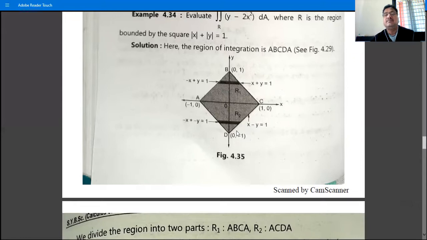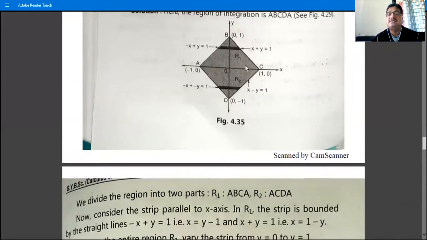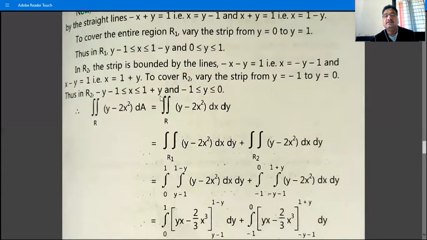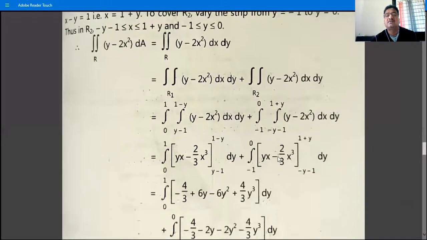Therefore we divide this region into two parts, R1 and R2. R1, the region above the line AC or x-axis, is the R1 region, and below the line AC the region is R2. Now the given integration is equal to the double integration over R1 plus the double integration over R2.